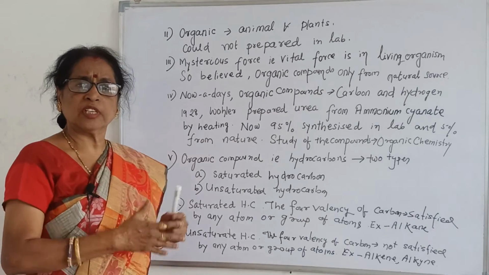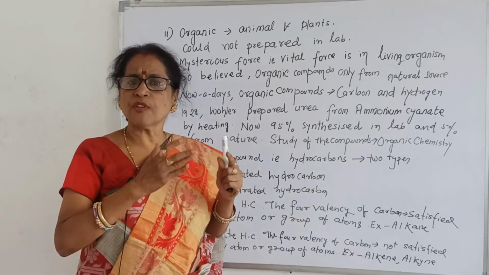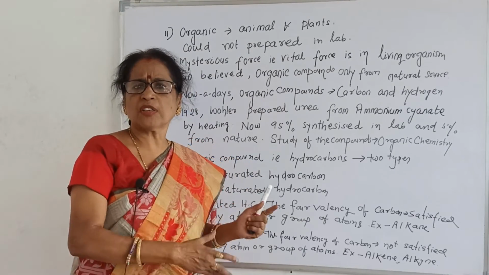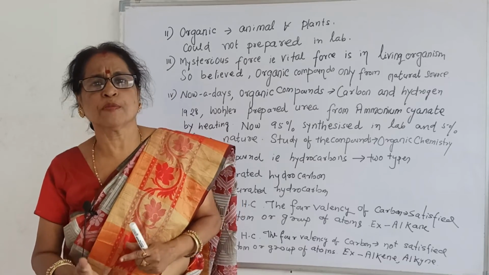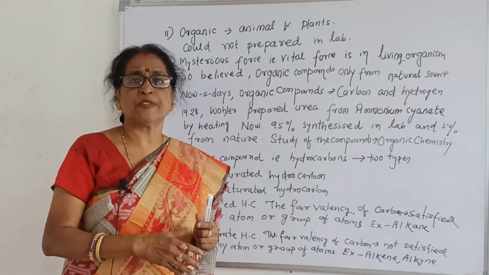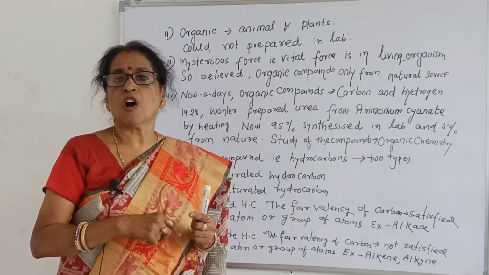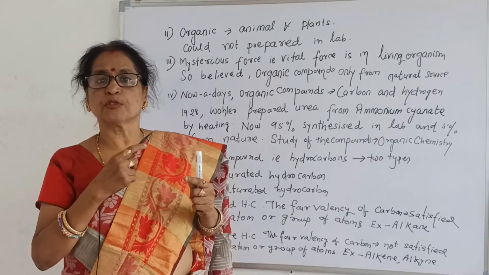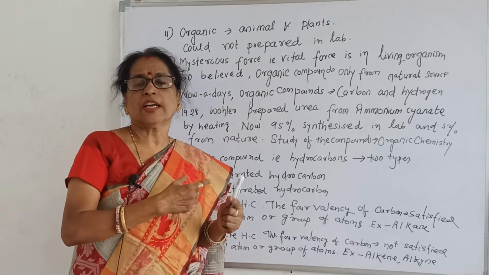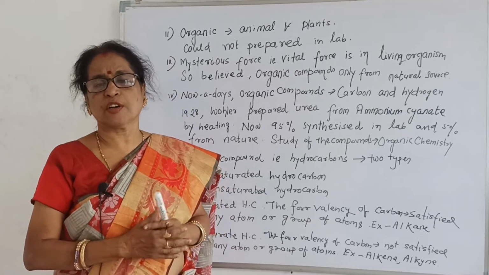Unsaturated hydrocarbon: if the 4 valencies of carbon are not satisfied by any atom or group of atoms, then what happens? Automatically one bond becomes a double bond or triple bond. If it becomes a double bond or triple bond, that is called unsaturated hydrocarbon.